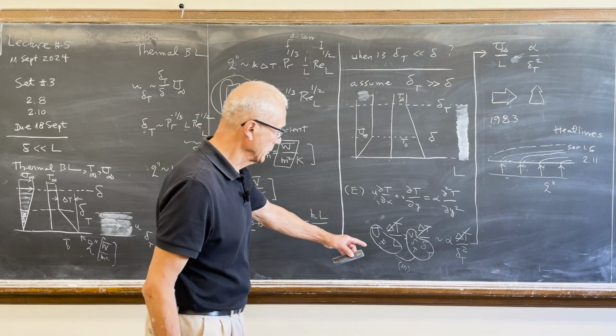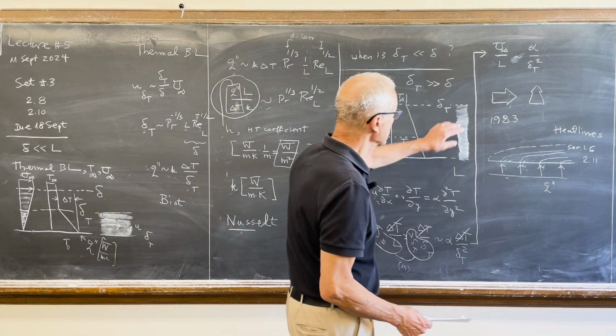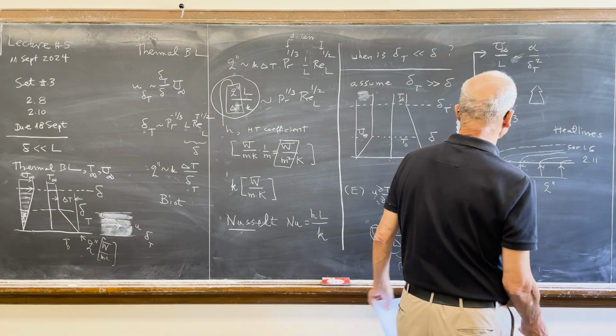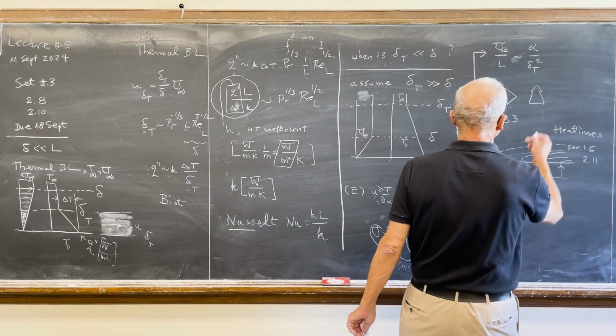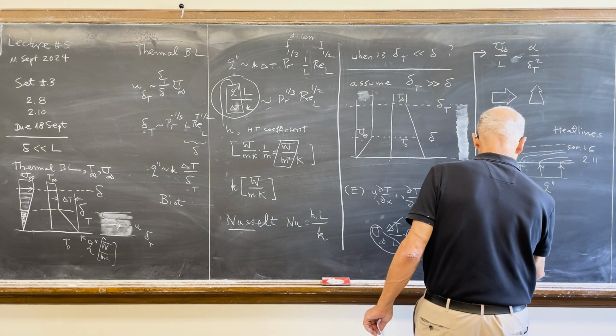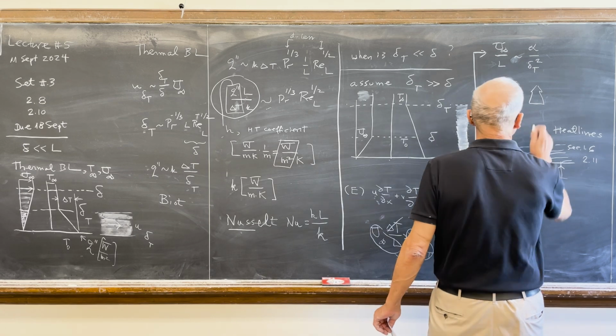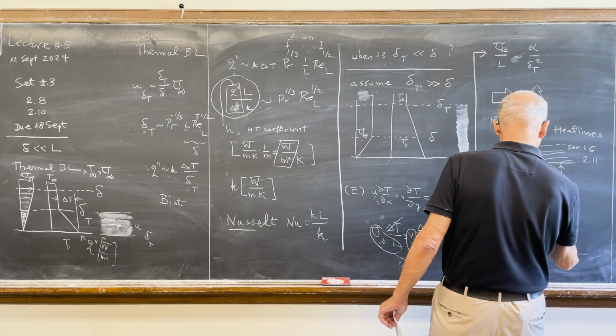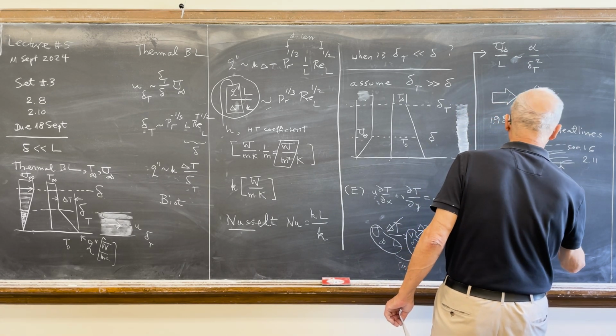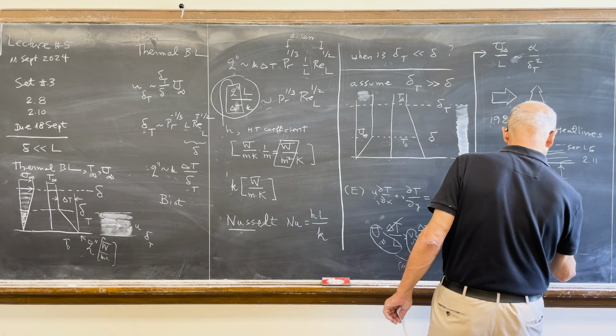But what we do with this expression, okay, so we got this proportionality. It means, well, we just turn the crank, delta sub T squared is the same as alpha L divided by U infinity.